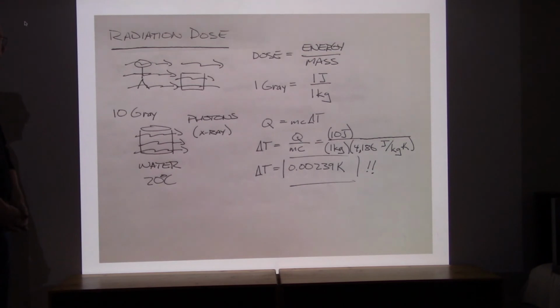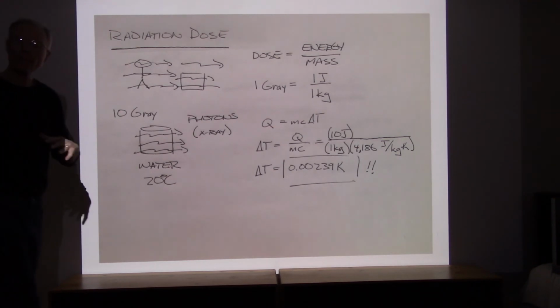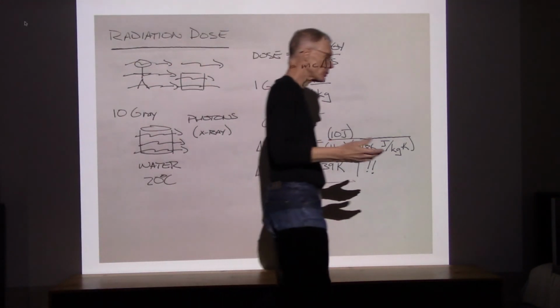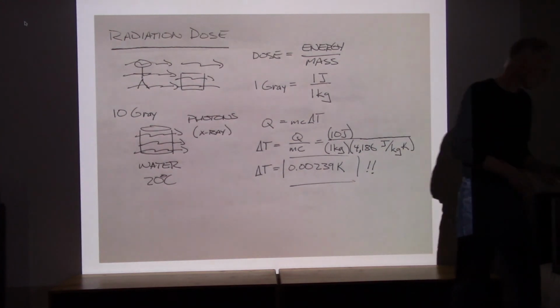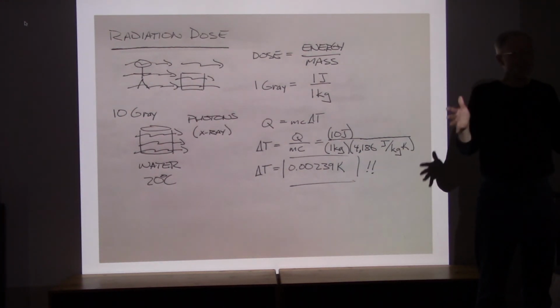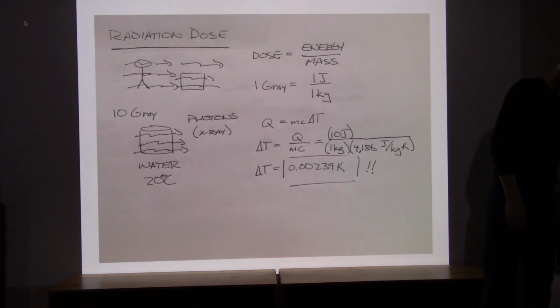Also, calculate temperature increases for different samples of material based on the radiation that they've been exposed to. So the gray is like the only unit we're going to work from in there.